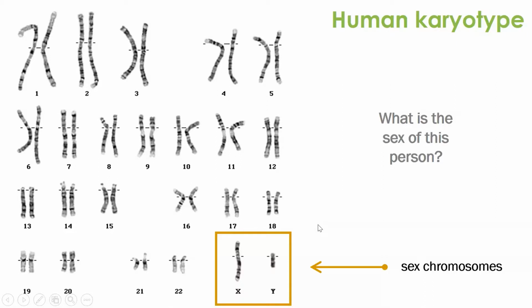Well, I'm sure most of you would know that this would be a boy, because a boy has to have one X and one Y. To be a girl, you would have two X's. There would be no Y's there.